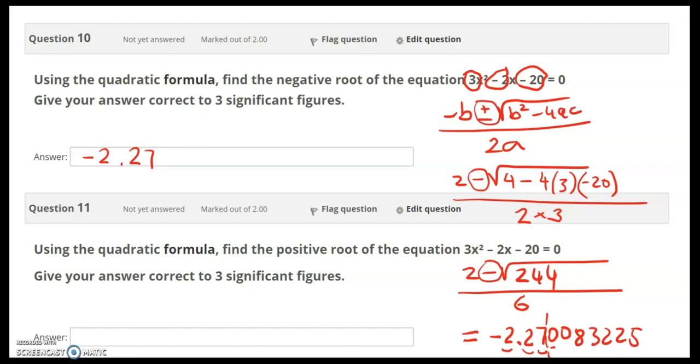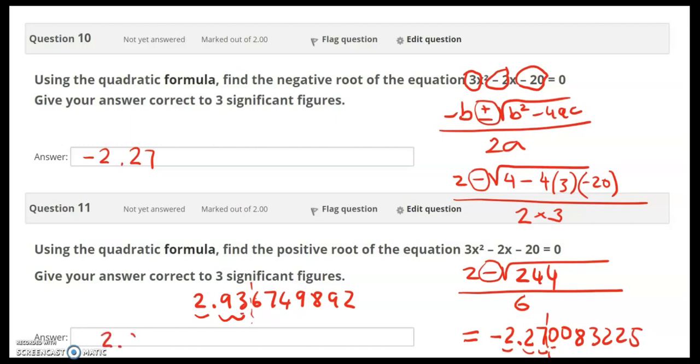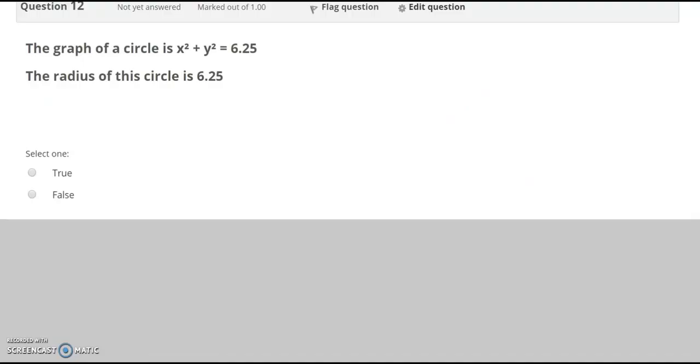That gives us 2.936749892. Again, we need to write it to 3 significant figures, so 1, 2, 3, and 6 tells us that we've got to make the 3 a 4, so 2.94 is the answer.